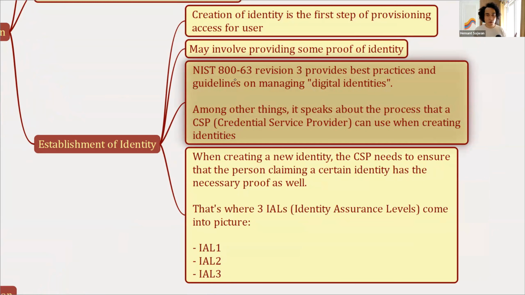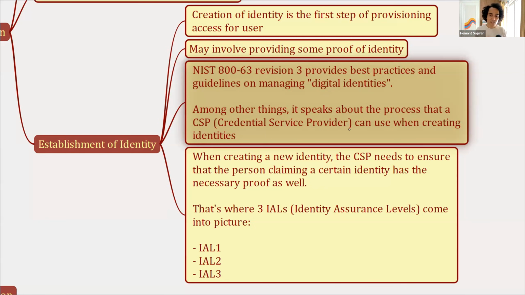And NIST has a document called NIST 800-63, where they talk about the recommendations and best practices for management of digital identities. This document, NIST 800-63 revision 3, provides best practices and guidelines on managing digital identities. Among various other things, it speaks about the process that a CSP can use when creating identities.